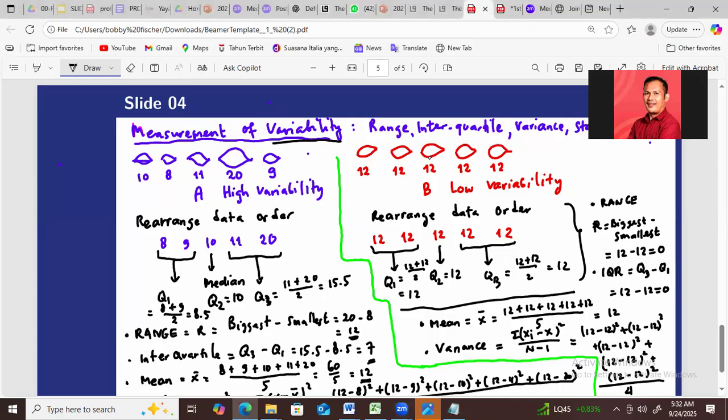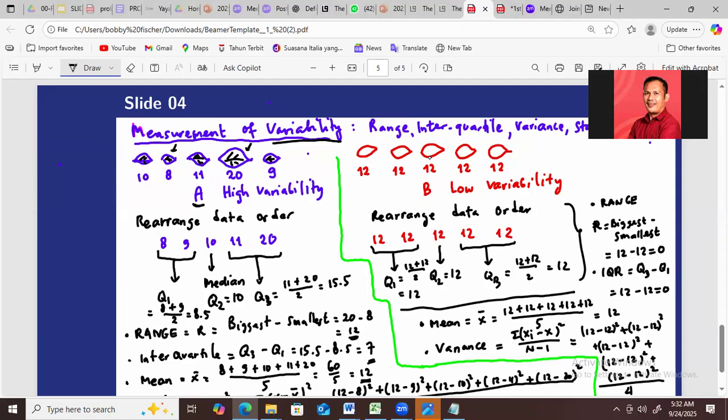So we have two data sets. Data set A, this one here, corresponds to the length of the leaf. We have quite variable data here. There is a smaller leaf here and there is a larger leaf.